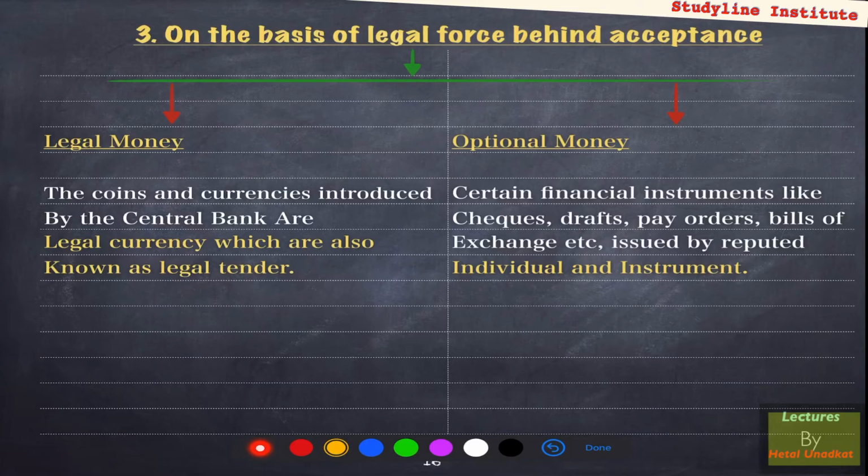We knew that after 12 o'clock these notes would not be legal tender, would not be accepted. Legal money means the government has issued it as legal tender and that money is accepted everywhere, since no one can deny that it is money. Legal tender means legal money. The bank introduced the currency, which is accepted by everyone.